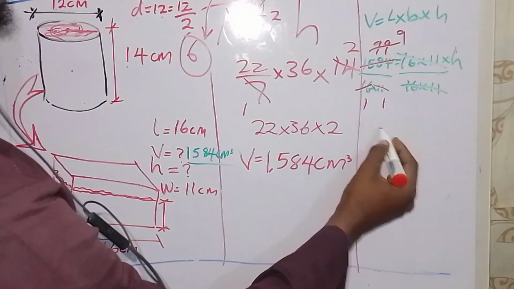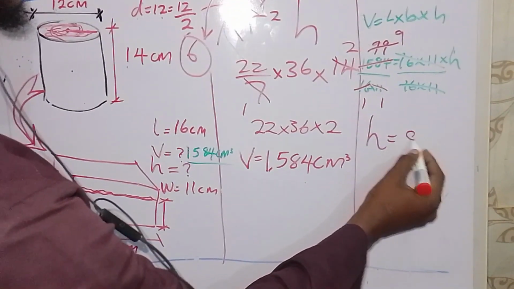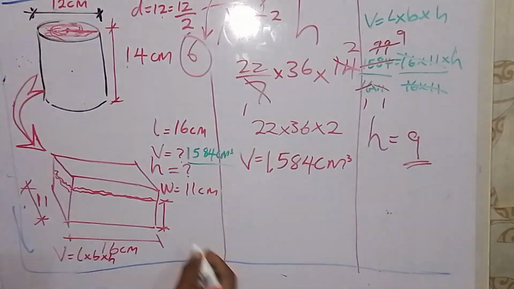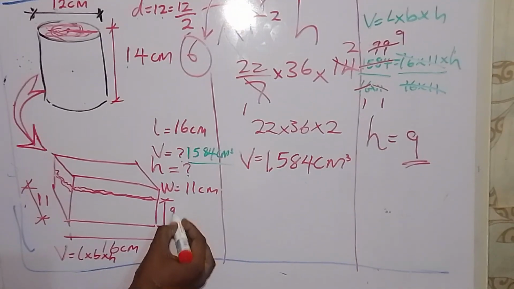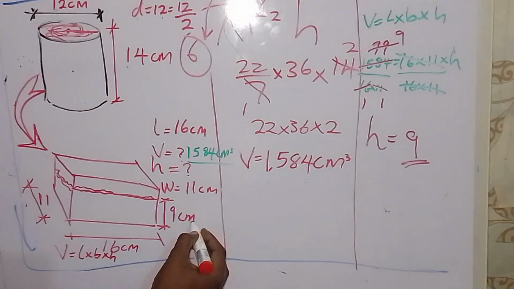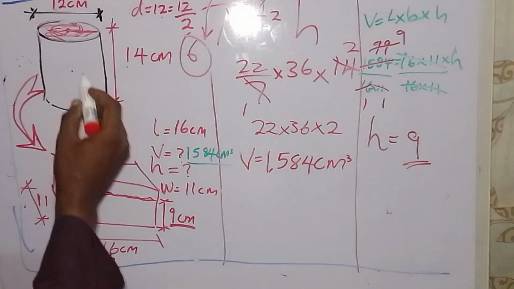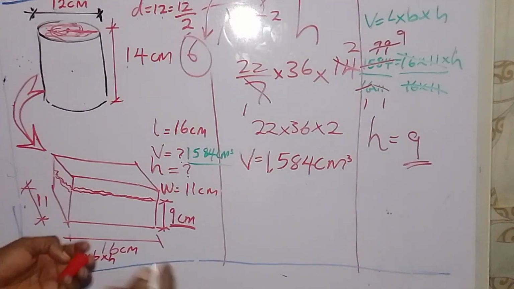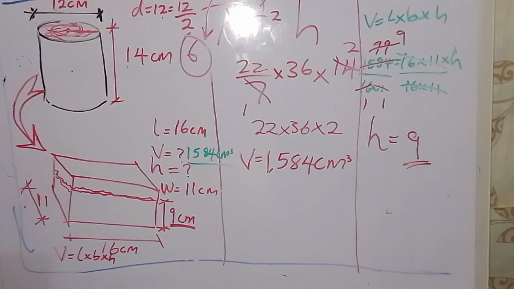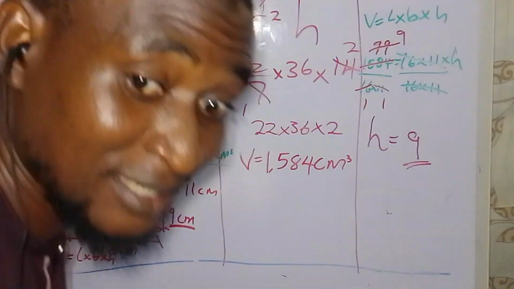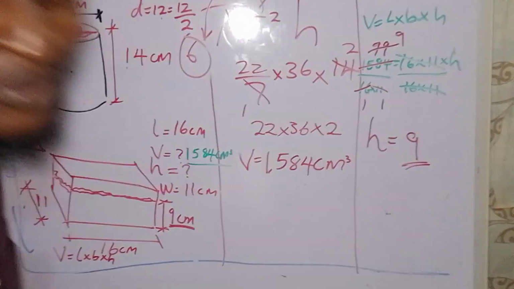So our height equals 9. And this is exactly the height, 9 centimeters, where the liquid poured into this cuboid is going to stop. It's going to stop at a height of 9 centimeters. Very simple.